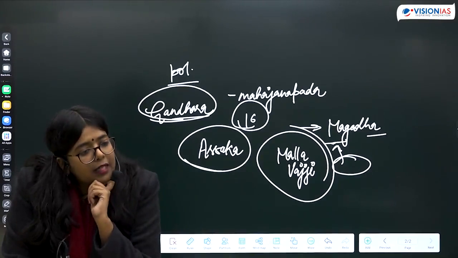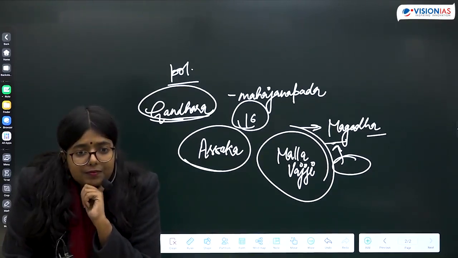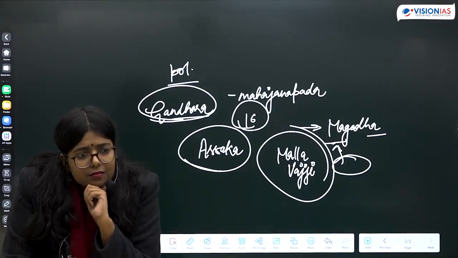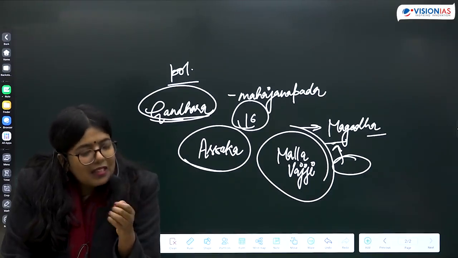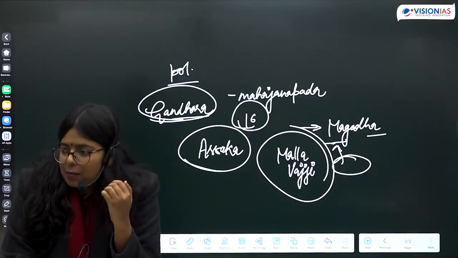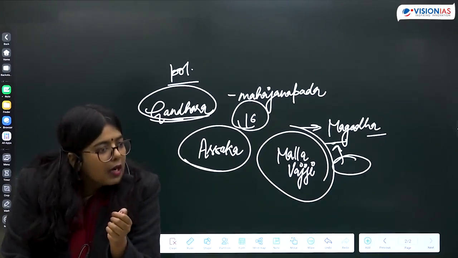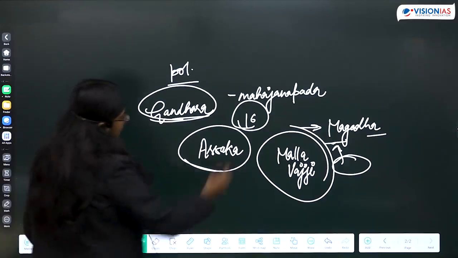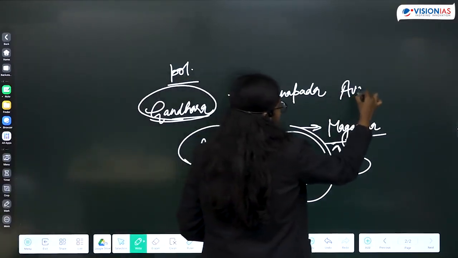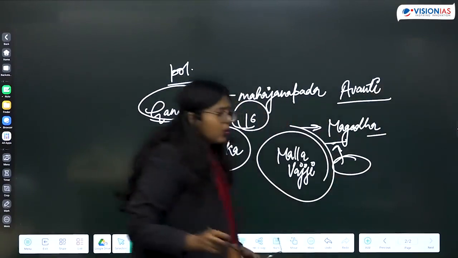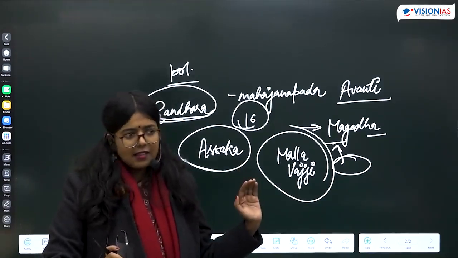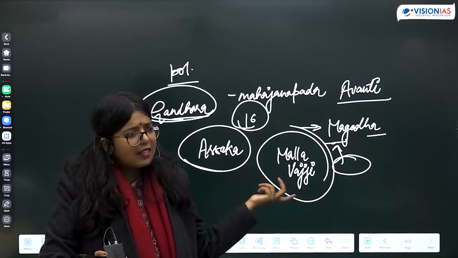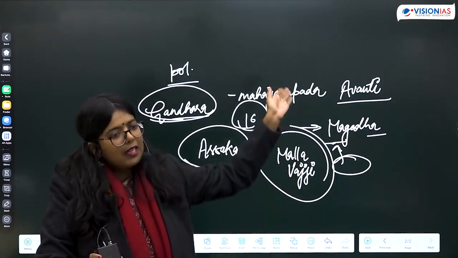Do you know anything unique about Avanti? Apart from the capital, each one of them has one capital. Avanti is a Mahajanapad where Buddha was invited, but Buddha could not go to Avanti. Remember this fact. He was not feeling well at that point of time, and then he started moving eastwards.